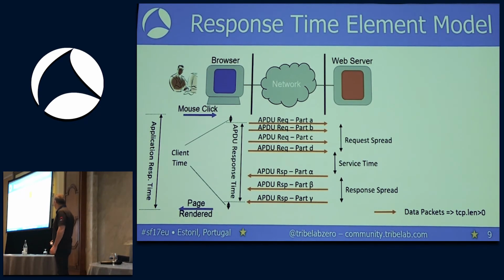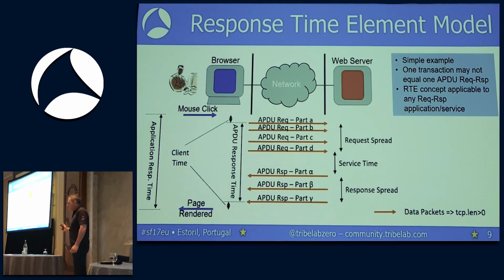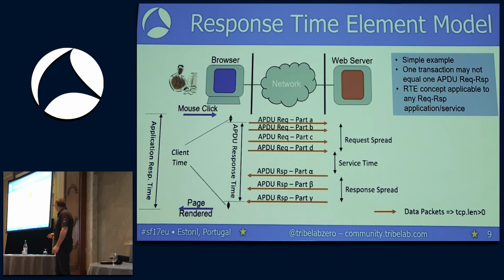In the client side, yeah, in the browser, absolutely. So, a simple transaction. Mostly if you click on a button in a browser, it does a lot more than just one request and one response. But whatever the complications are around that, this whole model still holds true.